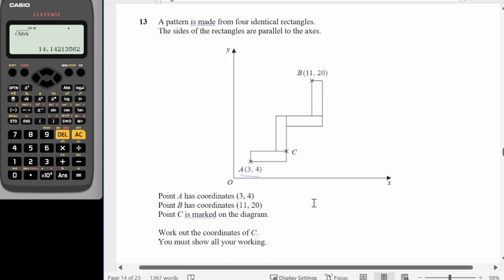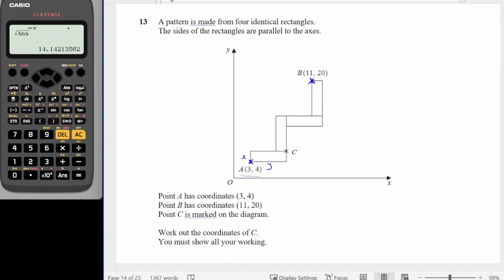Okay, so let me just double check a couple of pointers. So I'm going to call the dimensions of the rectangle x and y, and that will be true for all of them. And then I'm going to look at differences between there and there.